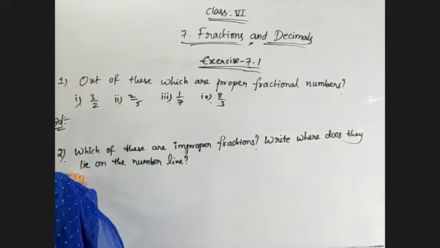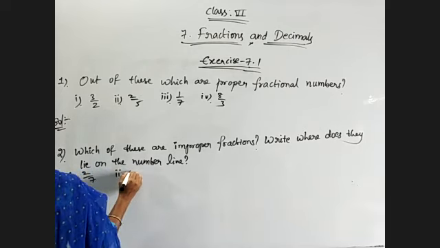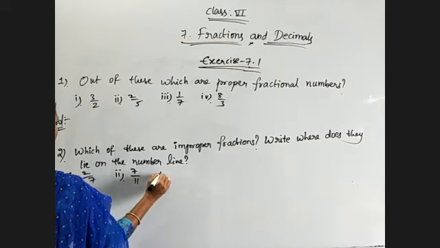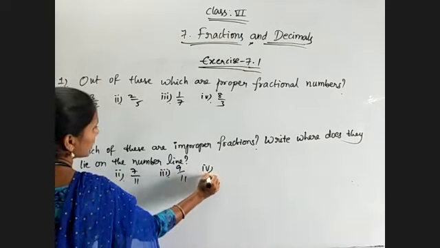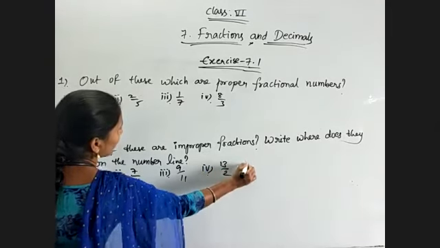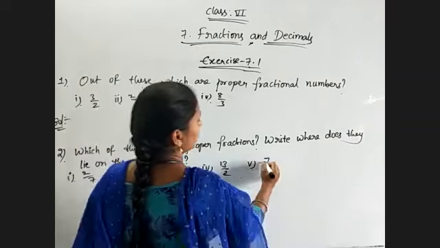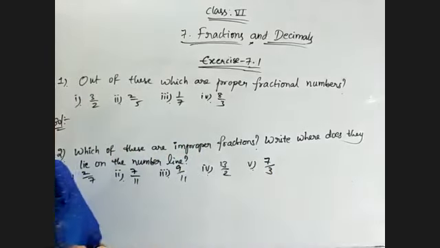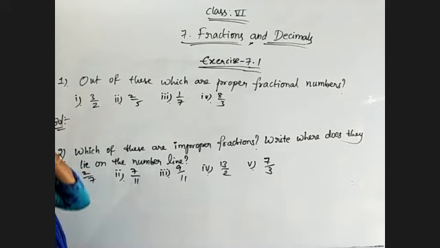And first problem is 2 by 7, secondly 7 by 11, third one is 9 by 11, fourth one is 13 by 2, fifth one is 7 by 3. Okay, these two questions are very simple. First we need to select which are proper fractions, and secondly we need to select which are improper fractions. That's all.